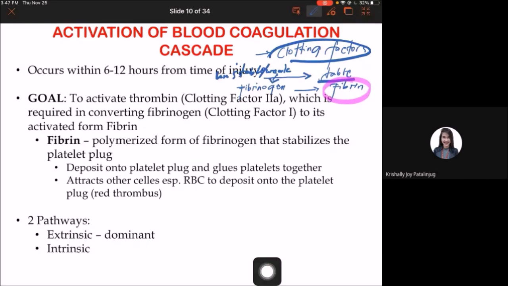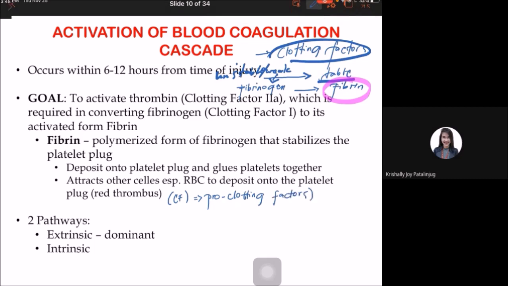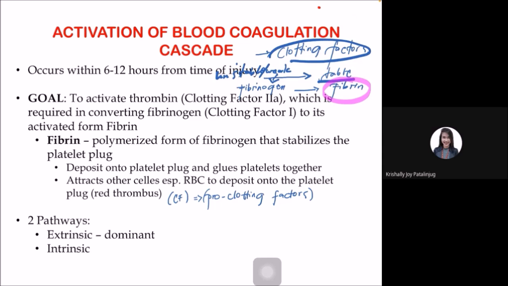Okay, so at this juncture, let's focus on the clotting factors. In particular, I am referring to the pro-clotting factors.